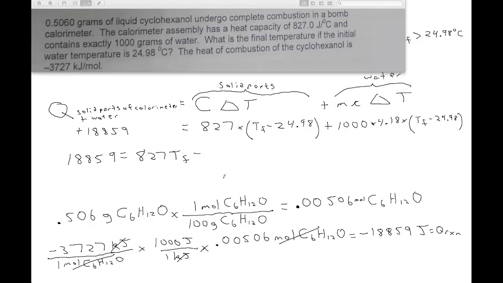$827 times negative 24.98 comes out to be this. $1,000 times 4.18 times TF is 4180 TF.